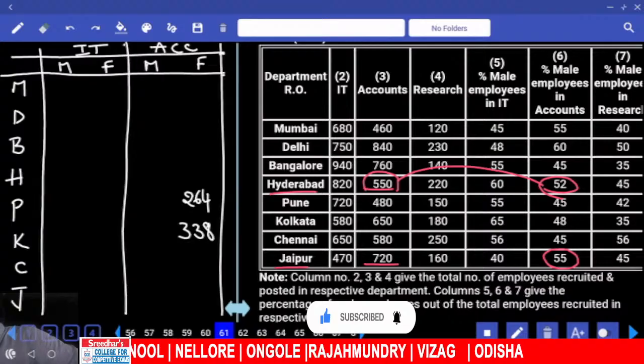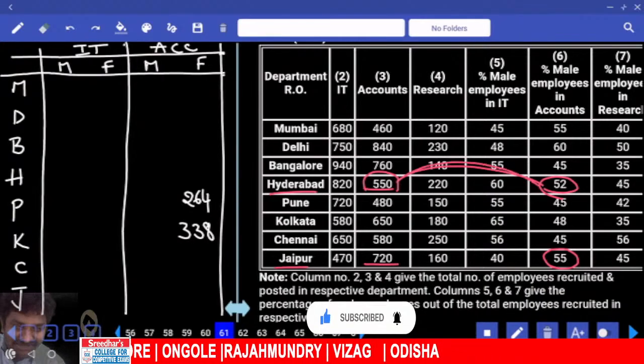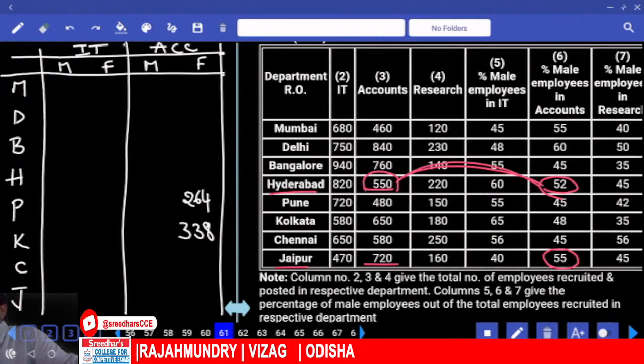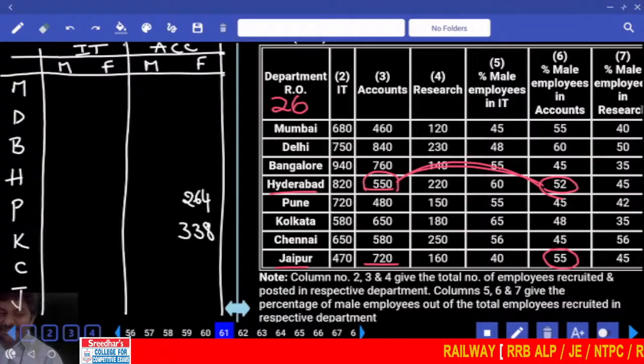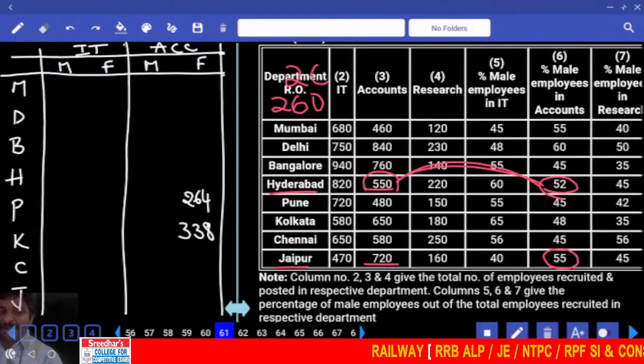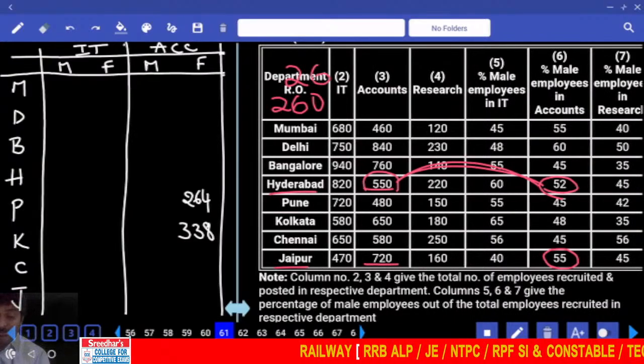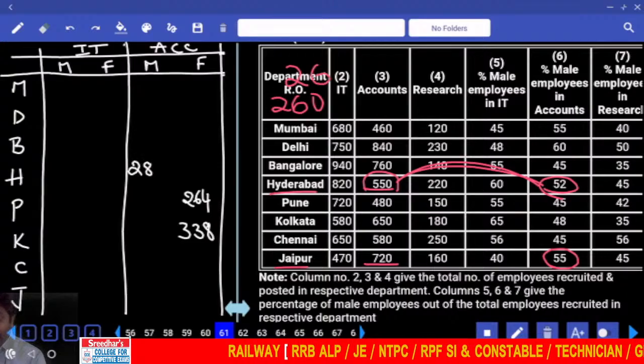52% of 550, correct? I'll change this, zero shift. 55% of 520. A percent of B or B percent of A, correct? 55% of 520. What is 50%? 260. 5% is 26. Total 286 male.